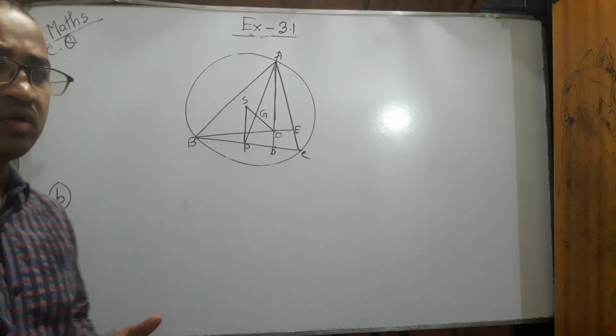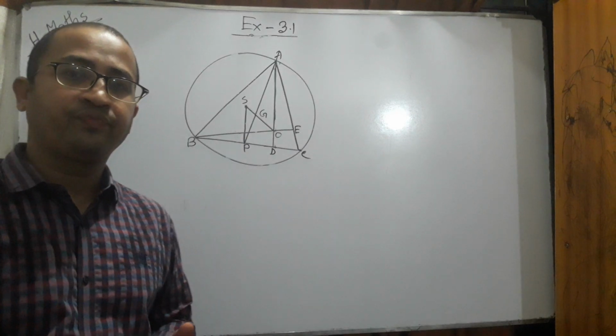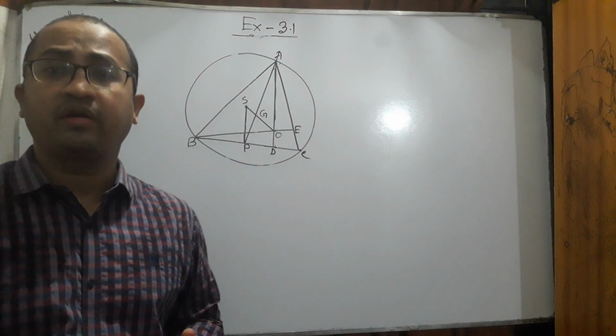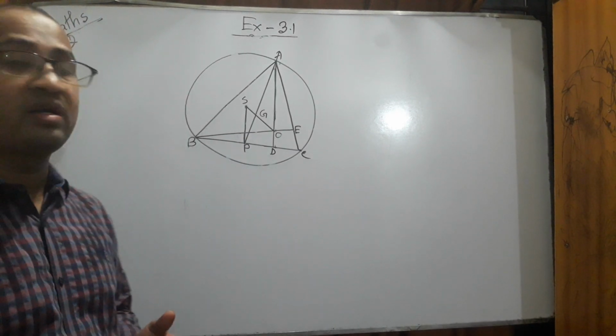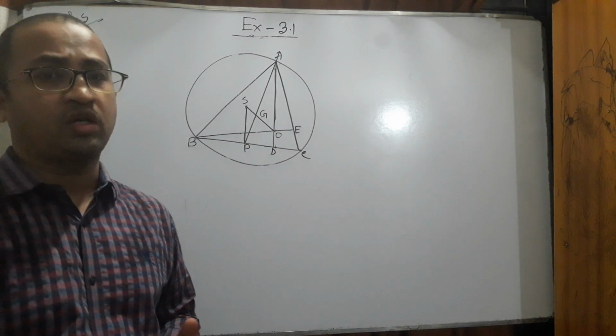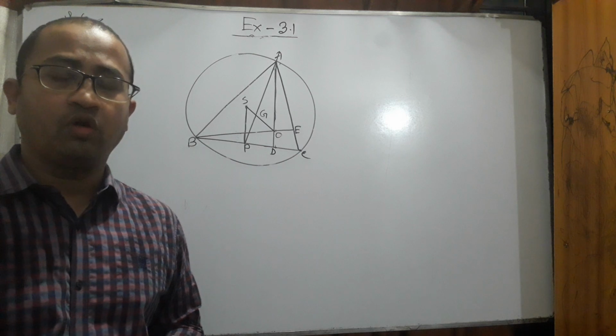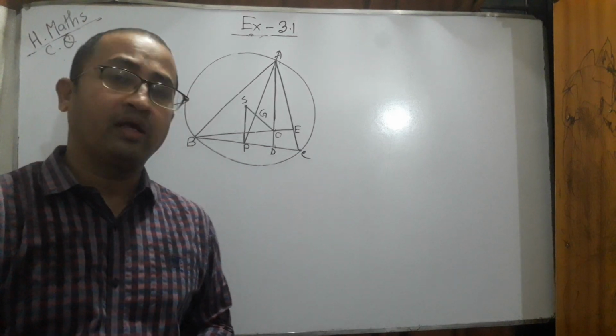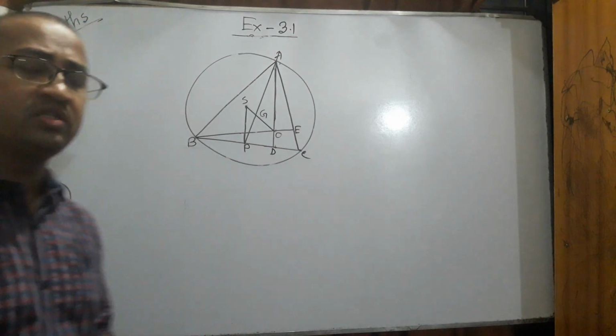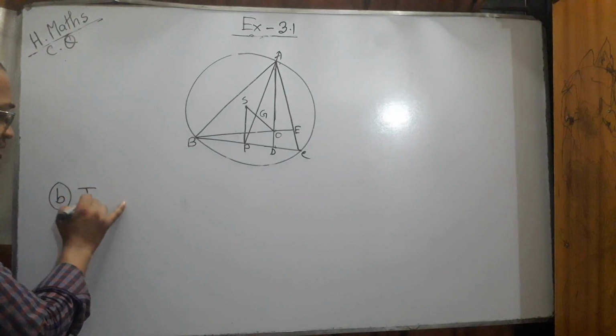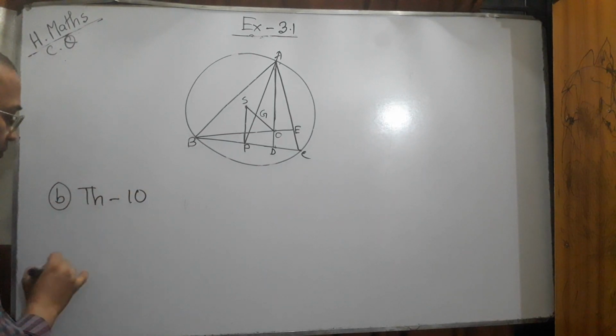Now can you remember which theorem it is? Yes, this is theorem number 10. So if you apply theorem number 10, you can prove question number B. I hope that all of you know theorem number 10. We have already discussed it and you will do it yourself.